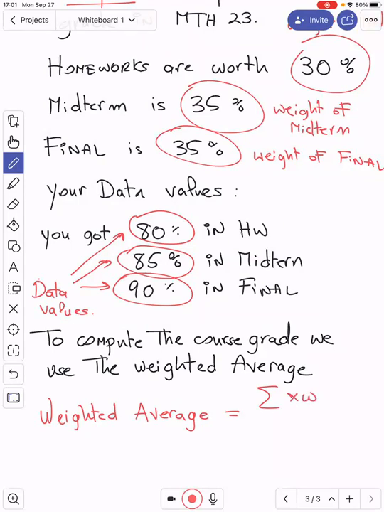You need to multiply each data value by its corresponding weight, over the sum of the weights. The W here is the weight, and the X is just your data value.